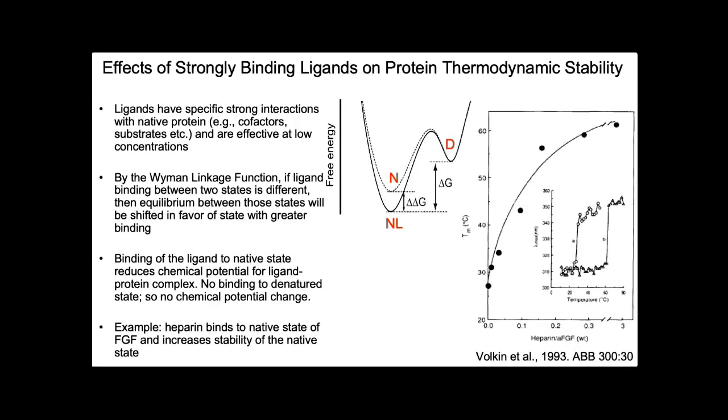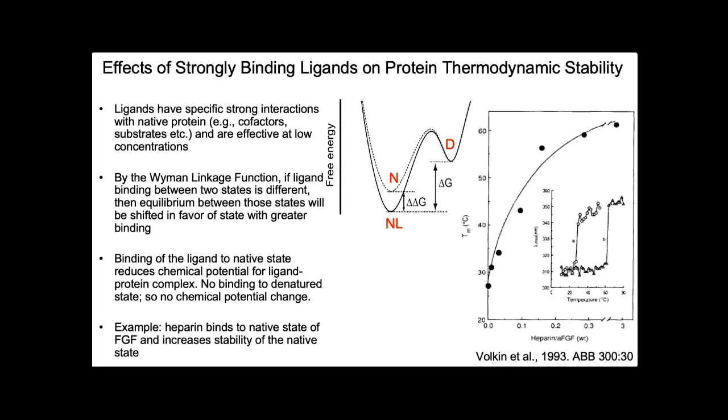So let's start by talking about protein stability in solution and about how strongly binding ligands affect thermodynamic stability. This is called the Wyman linkage function, which says that if a ligand binds more to one state than another, that state with the bound ligand will be favored.